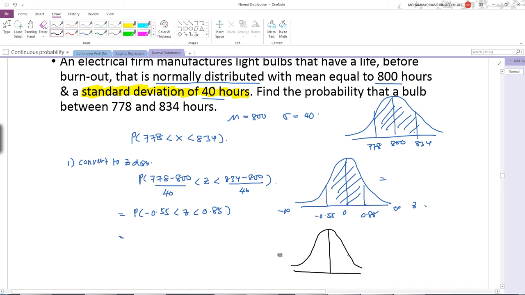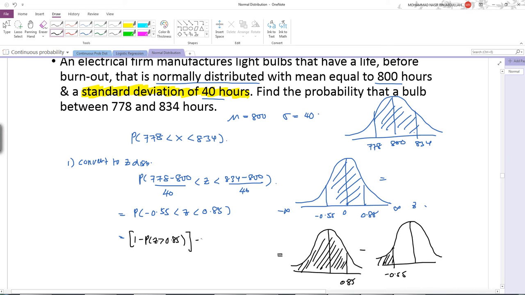So we need to find all the area to the left, which is 0.85, minus the other area to the left here. Then we will get the area between negative 0.55 and 0.85. So this should be 1 minus the probability of Z more than 0.85, minus the probability of Z more than 0.55. So this should be 0.5111.